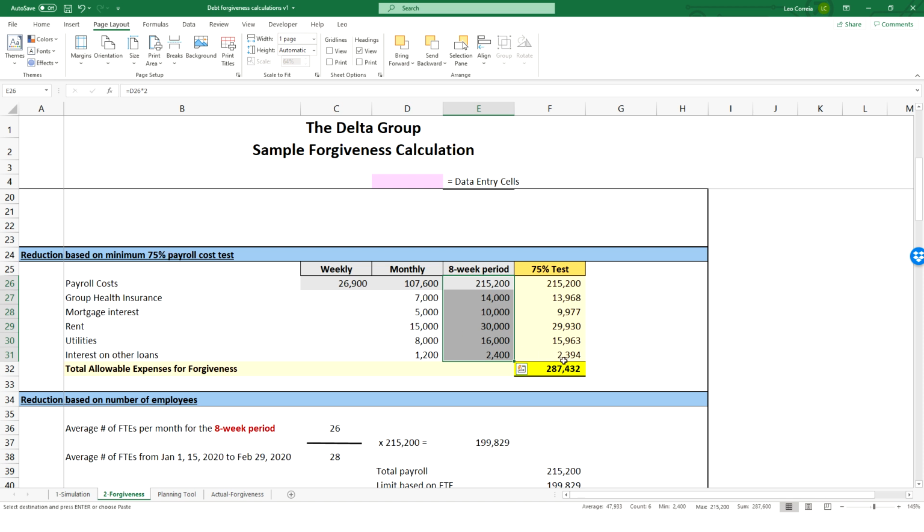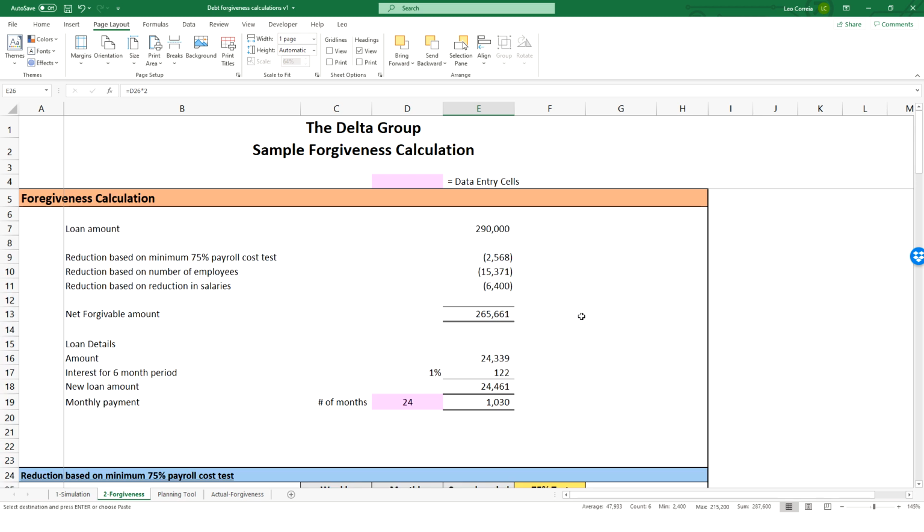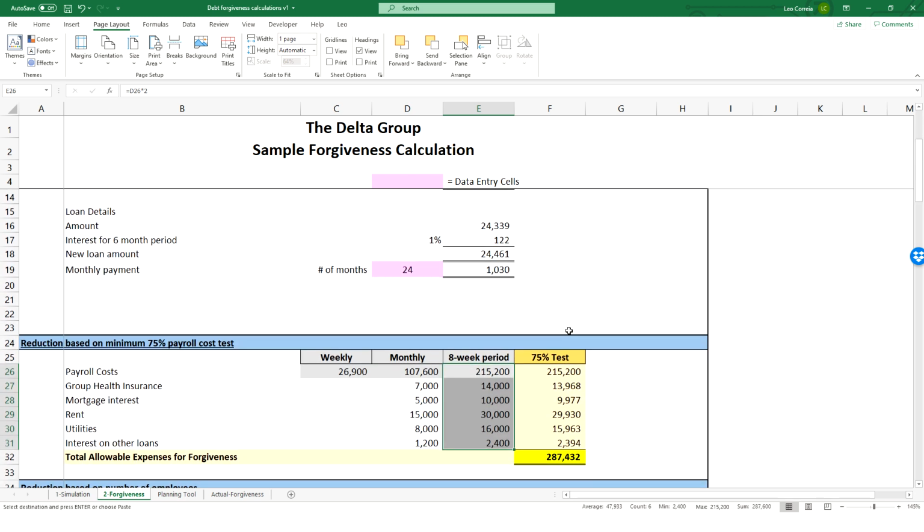Now, the 75% test comes into play because I'm not utilizing my full $290,000 because I'm limited based on the payroll costs. Payroll costs are only projected at $215,000, and because of that, there isn't enough payroll. If I divide that number by 75%, I'm going to get $287,432.